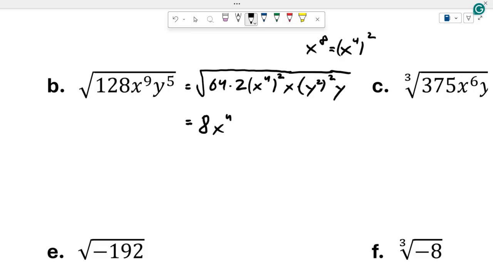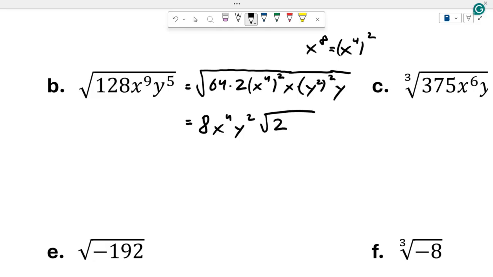Then I've got y squared squared. When I pull that out from underneath the square root, the top squared cancels, and I'm left with just y squared. Again, I'm outside the square root. And then the single y has to stay. Now, everything that I was not able to pull out from underneath the square root is going to stay there.